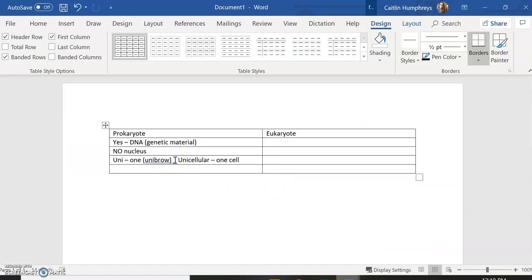The thing about prokaryotes is pro actually means before, and karyo actually means capsule or nucleus. So the word prokaryote literally means before nucleus.